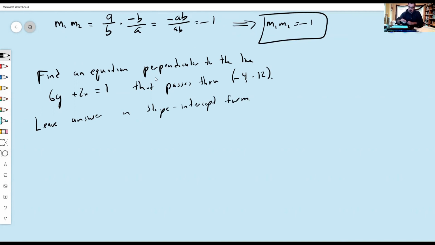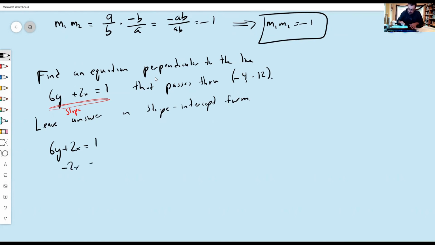So step one, we need this guy's slope. So what I find for parallel or perpendicular, I need the slope of that line. So I'm going to solve it for y. So I have y equals mx plus b. So 6y plus 2x equals 1. Oh, I want y by itself, so I should move the x.